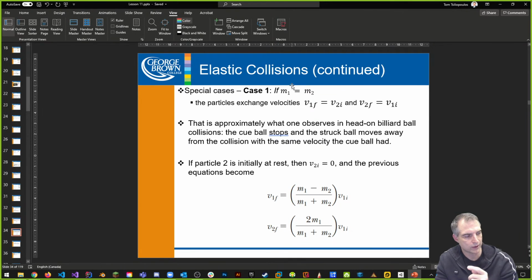If one ball wasn't moving, the first ball stops, and it transfers the energy to the second ball. Kind of how it works in real life, with some variation in results, because not all billiard balls are created equal. They're very close, but they're not perfect. Okay, does that make sense?